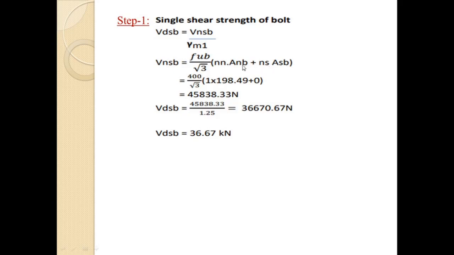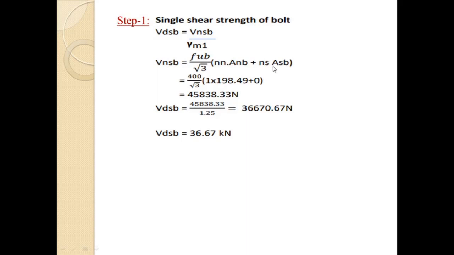ANB is the net shear area of bolt, and ASB is the nominal plain shank area. Now this NN is equal to 1 we have taken, because the intercepting shear plane is in the threaded portion. But this NS we have taken as 0. Why?